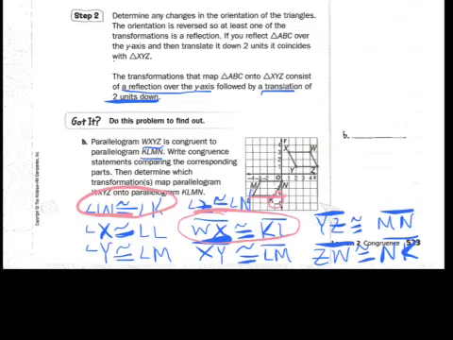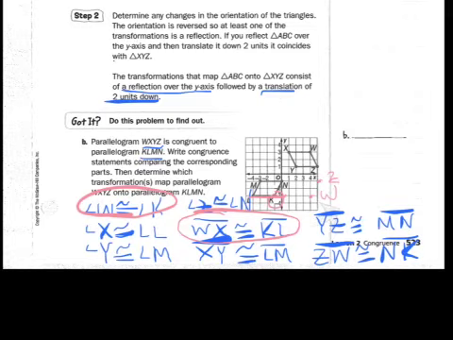So if we flip WXYZ over across the x-axis, then I think we'll have it where we want it. So if I flip W across the x-axis, it's going to be 3 down instead of 3 up. So that's going to make W right here, 3 down. That's going to be W. And then Z will be right there.